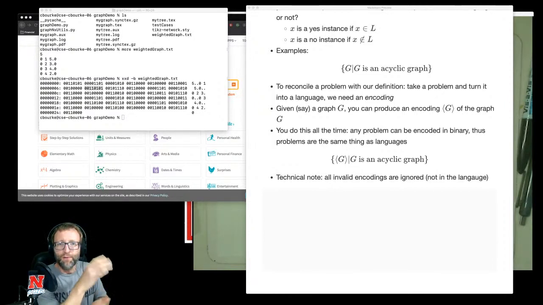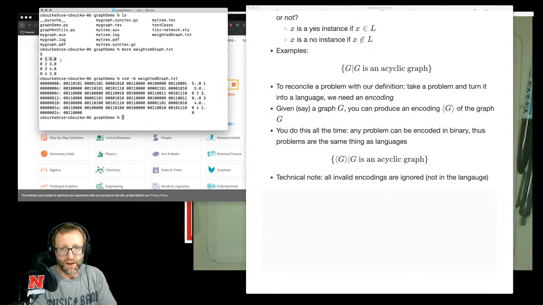You have all these invalid encodings, right? Where I don't provide a space delimited list of vertices along with their weights. That I just randomly type blah blah blah, mash my keyboard, right? Those would not be in either language, but we can move on without too much problems on that front.